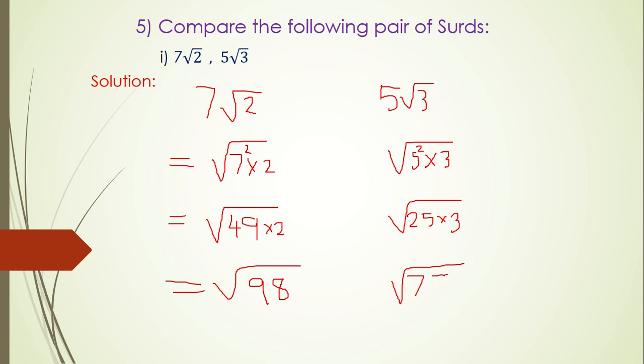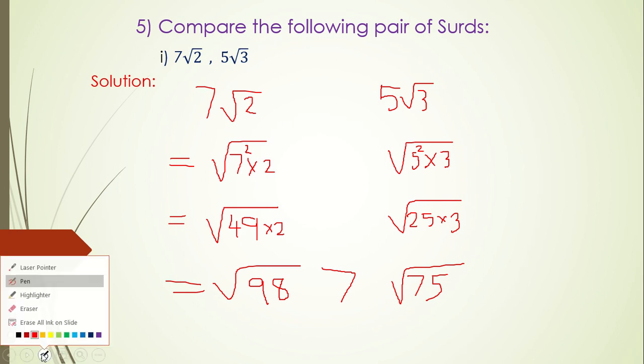So now it is easy. Check the orders are same. If the orders were not same, then we have to first make the orders same. Orders are same. Now the numbers we know which is greater and which is smaller. Okay. So therefore 7 root 2 is going to be greater than 5 root 3.